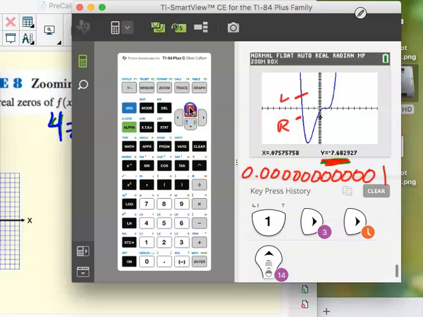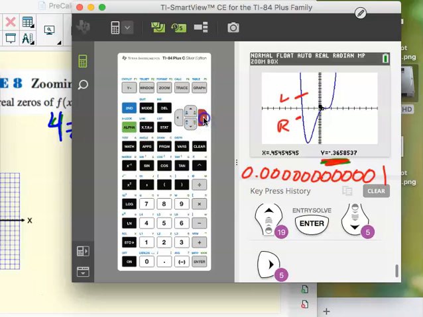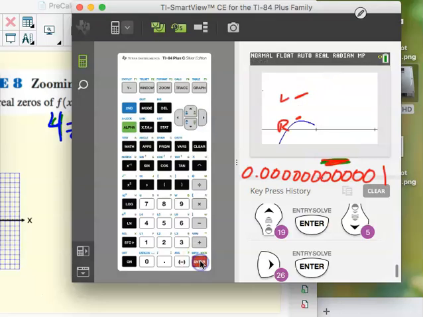But what we're doing is we're moving Blinky to the upper left-hand corner of a box that we're going to make. So I think I'll put Blinky right there. And then I press enter. And then I use my down and right arrows to focus in on this portion of the graph where things were not super clear with the window that I had. And then I'll press enter again.